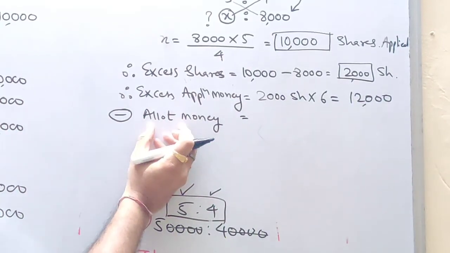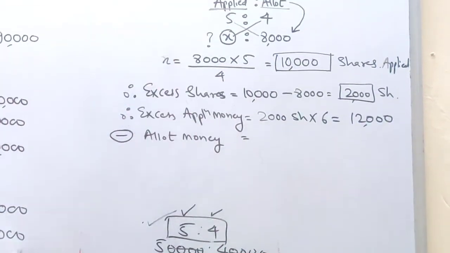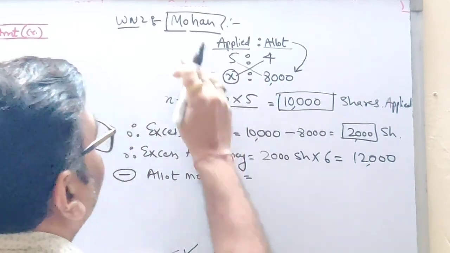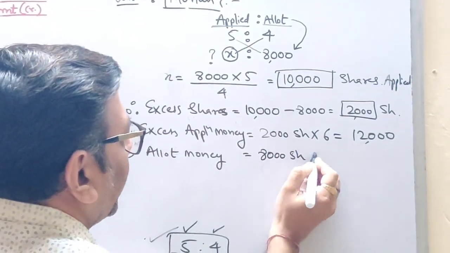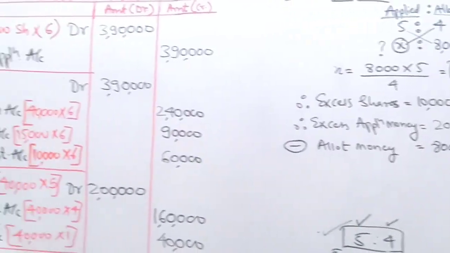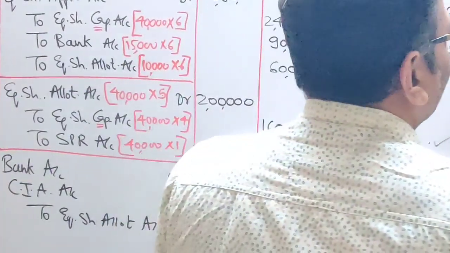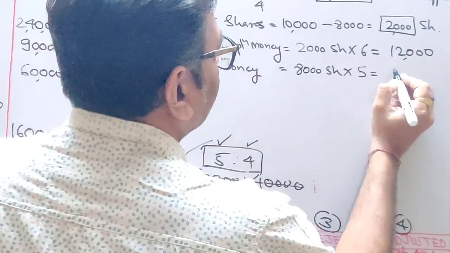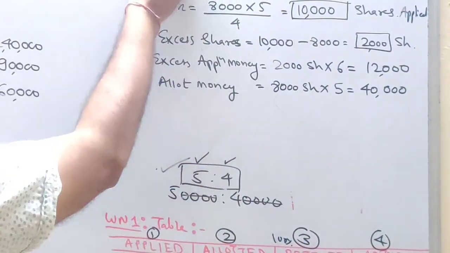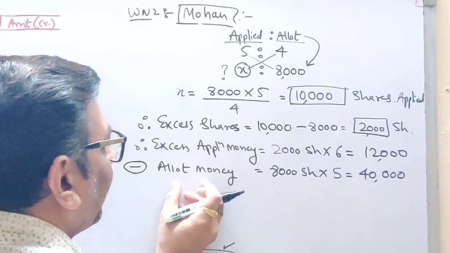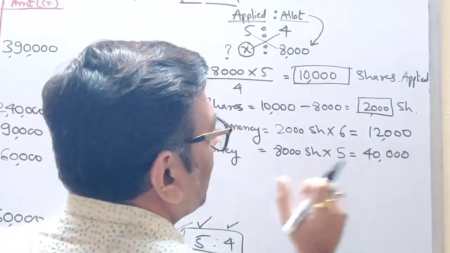So how much allotment money is Mohan expected to give? How many shares was Mohan allotted? 8,000 shares were allotted. How much are we asking at the time of allotment? 5 rupees. So 8 5s are 40,000. So Mohan was expected to give allotment money of 40,000.